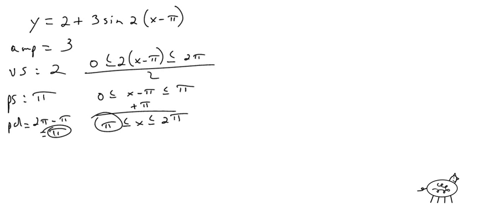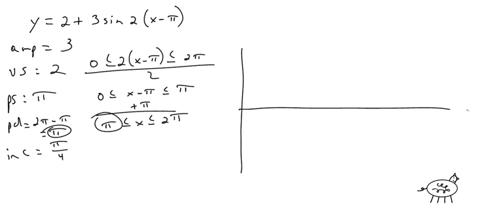That's the period, and my increment is pi over 4. All right, that's all we need. Let's go here. The vertical shift is 2, so I'm going to make this a little bit bigger. So 1, 2. The amplitude is 3, so 3, 4, 5.